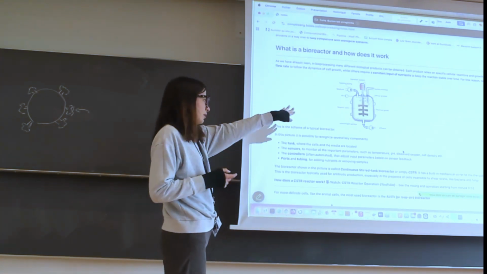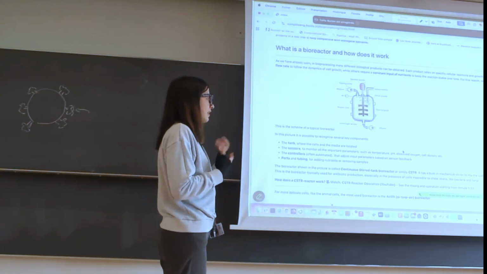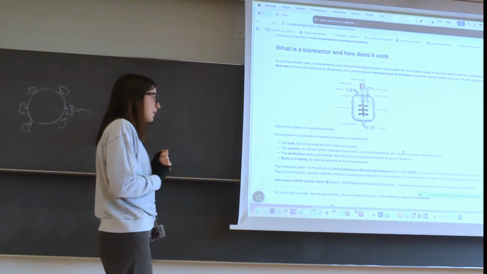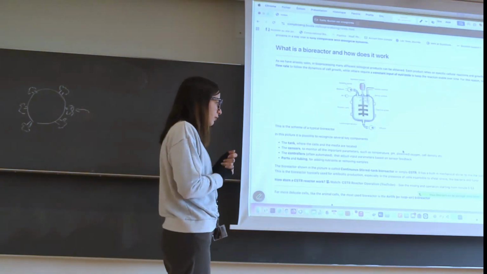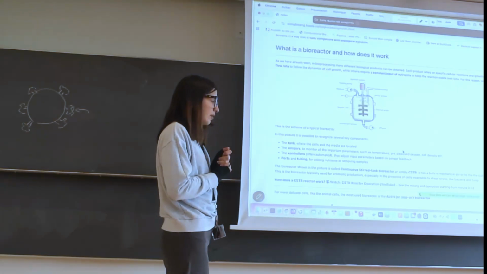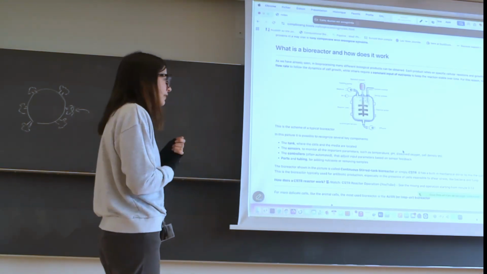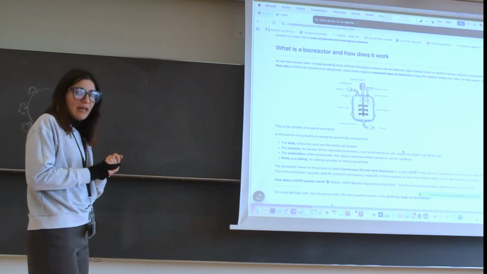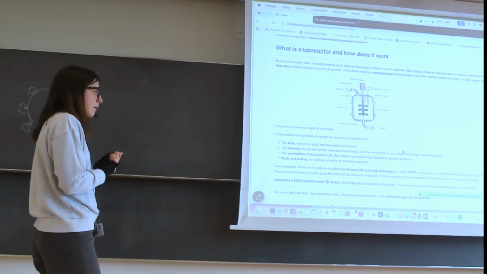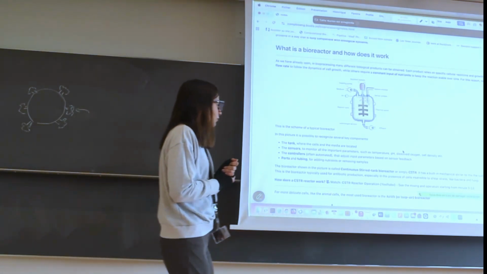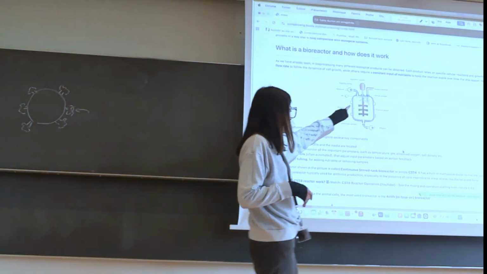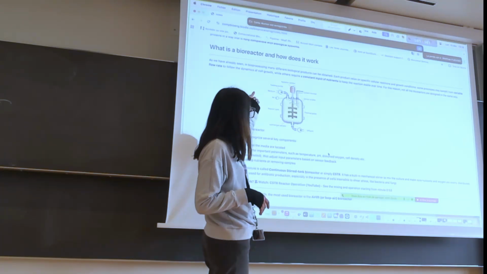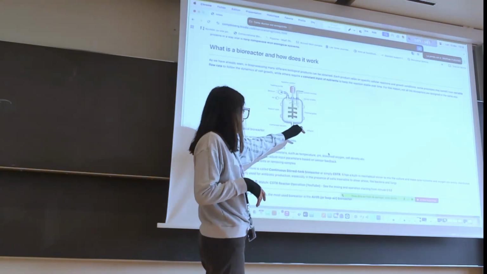In particular, the picture that I'm showing you now is a CSTR. CSTR stands for Continuous Sterile Tank Bioreactor, and it is one of the simplest kinds of bioreactor that we can have. As we can see, we have a tank here. So, for sure, we have an inflow and an outflow.